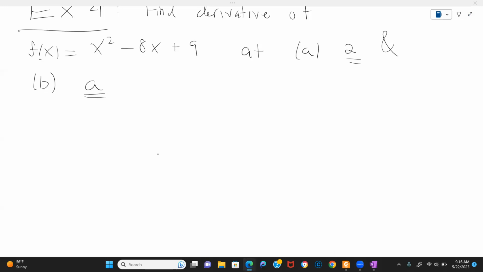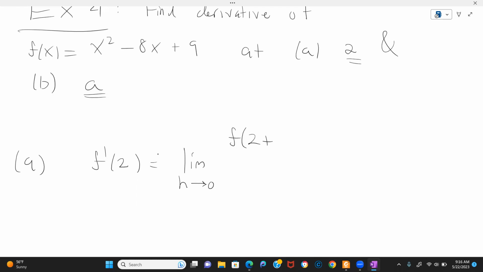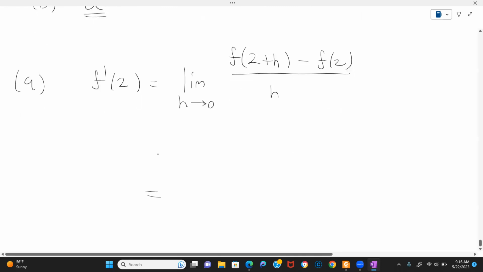All right, so let's work on the first. f prime of 2 is by definition the limit as h goes to 0 of f of 2 plus h minus f of 2, divided by h. And now we know f of x is x squared minus 8x plus 9.